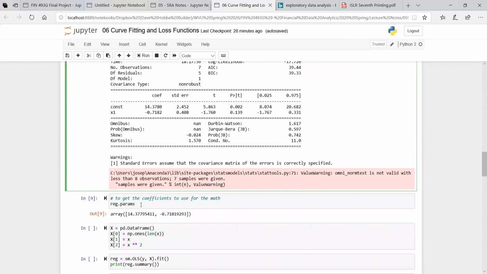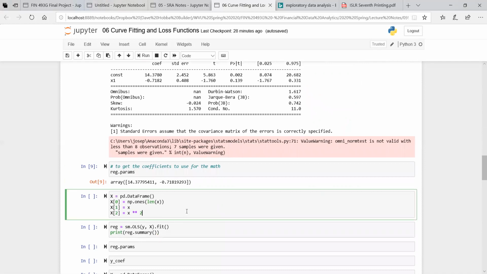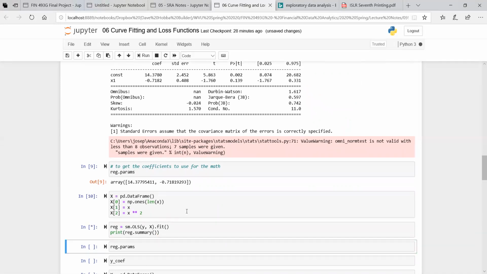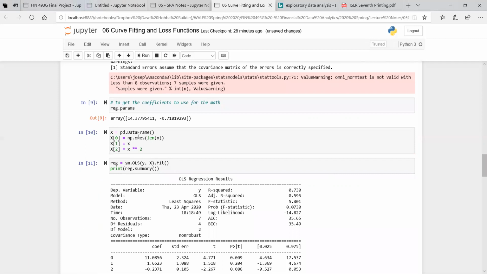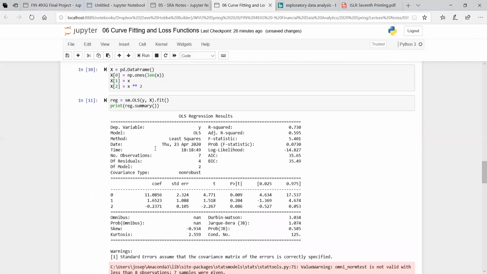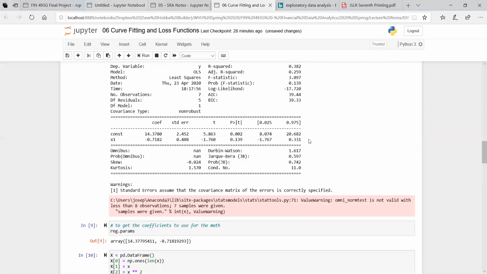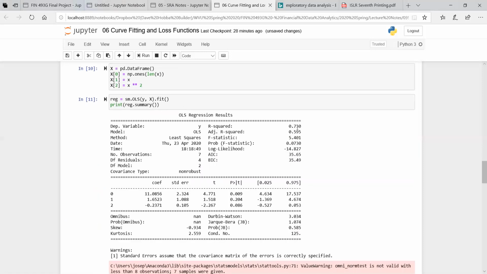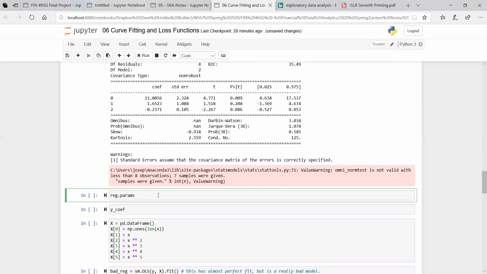And here are our regression parameters. If we run it again, this time we use x squared. So now it's the 1's, x, and then x squared. Now we can see that it is a little bit of a better fit. It's not a perfect fit, and just judging by some of this, it's not the best fit.